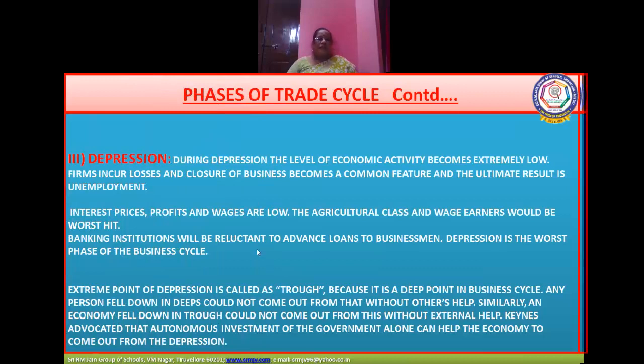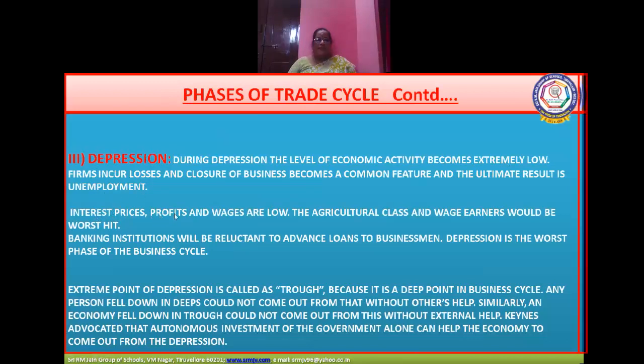Third one, depression. During depression, the level of economic activity becomes extremely low. Firms incur losses and closure of business becomes a common feature and the ultimate result is unemployment.